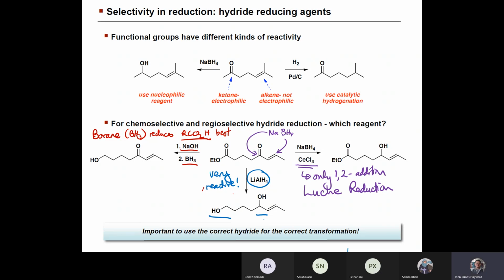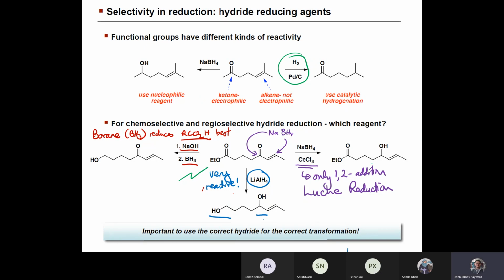Now, the last one that we might want to think about is how do you reduce the alkene and not reduce the ketone? Well, very simply, of course, we can use palladium on carbon, but we do actually have an alternative reagent as well. Oops, wrong arrow.